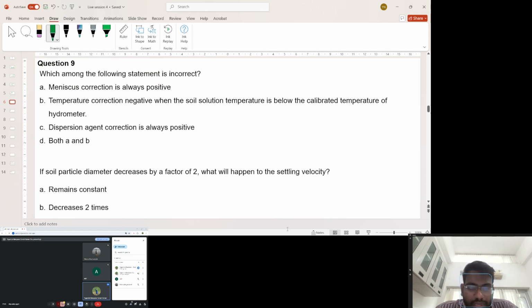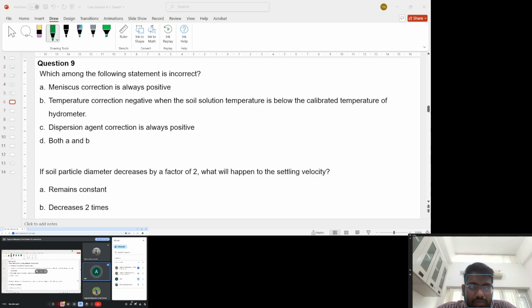Sir, excuse me, sir. In the hydrometer analysis, I think maybe in your research laboratory you are using some recent modern equipment. Is hydrometer analysis still popular, or is anything else replacing the hydrometer for particle size distribution?